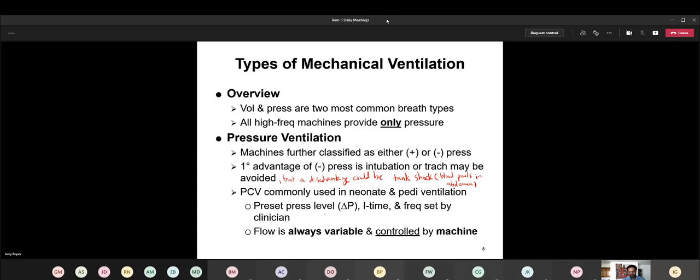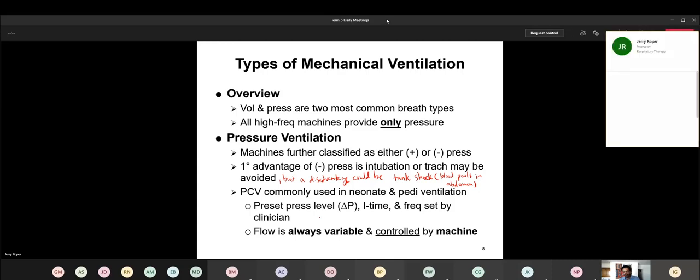You just have to do a quick review in your mind that PIP and delta P are not the same. They can be the same if there's no PEEP, but the minute that you have PEEP in your settings, your PIP is now going to be higher than your delta P, because that's what delta P means. It's literally taking your PIP minus your baseline, which in this case will be PEEP.